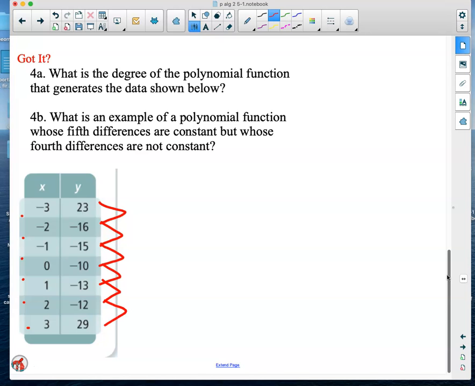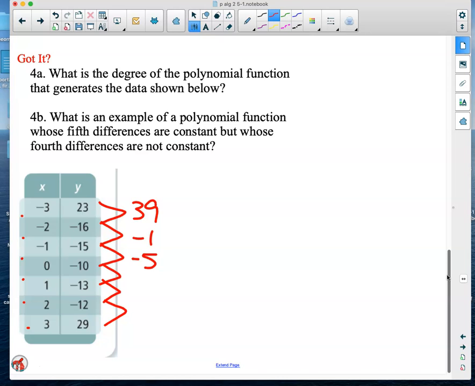So I need 23 minus a negative 16. That's going to be 23 plus 16. That's 39. Negative 16 minus a negative 15 would be negative 16 plus 15. Negative 15 minus a negative 10 will be negative 15 plus 10. That's negative 5.